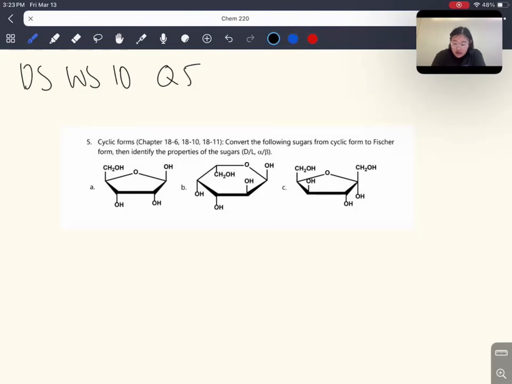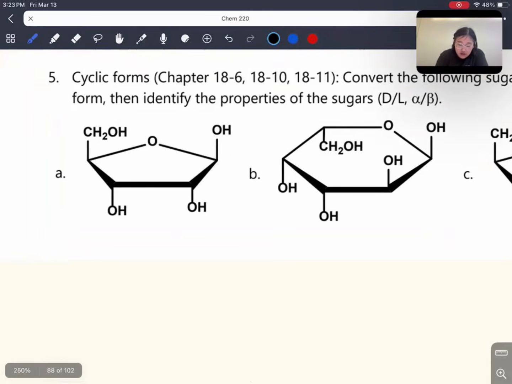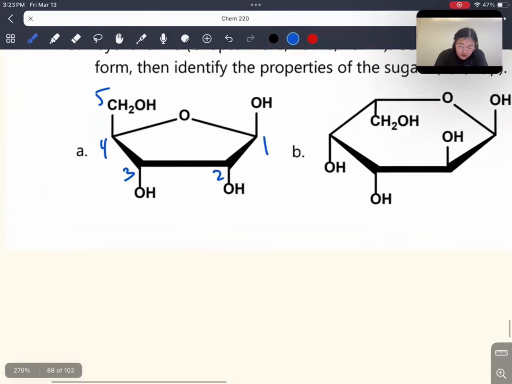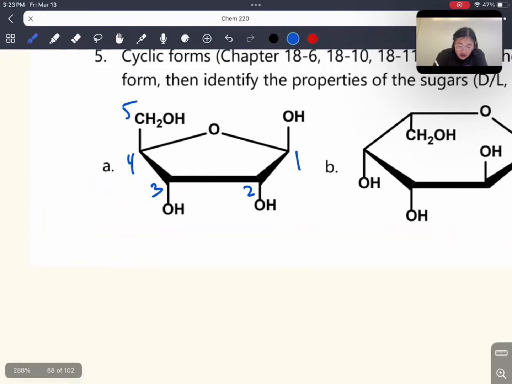So first I'm going to number the carbons around. 1, 2, 3, 4, 5, right? My CH2OH group and my OH group are cis to each other. So these two are cis. Therefore I have a beta form.